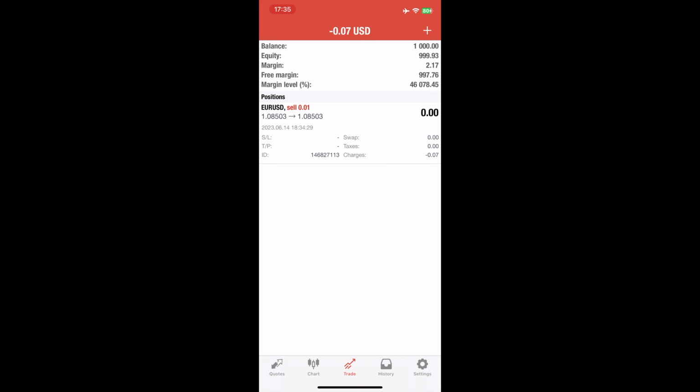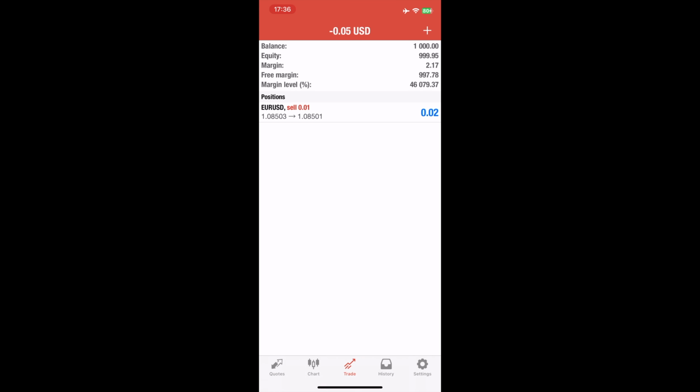That means the broker is going to be charging you a certain amount of money for placing that trade for you, right? So this one, they are charging me 0.07. So if this trade is at 0.00, it's going to be minus 0.07. So there's already a fee of minus 0.07, irrespective of whether the trade is going to be a win or a loss.